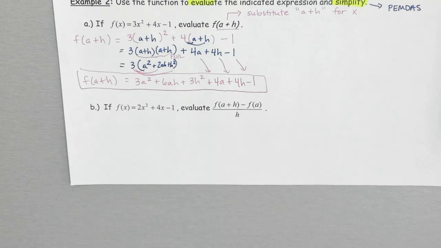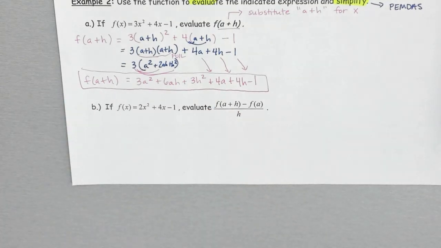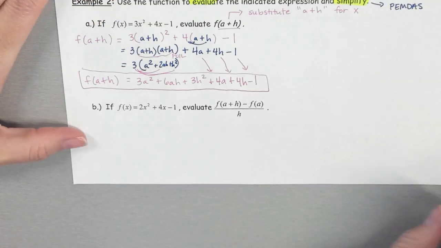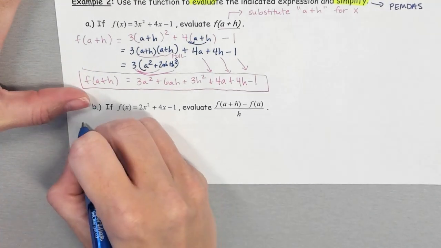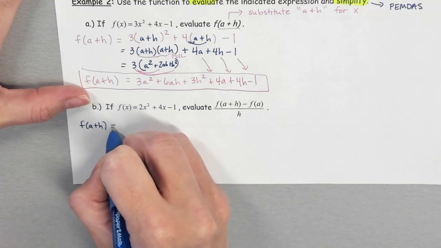When you're doing this, I have found that sometimes it's easier to do the f of a plus h and then subtract the f of a. So I'm fine if you want to do that in 2 steps instead of writing everything out a bunch of times. That is perfectly fine.